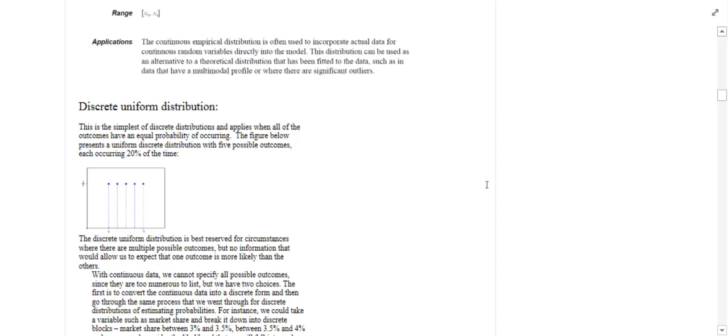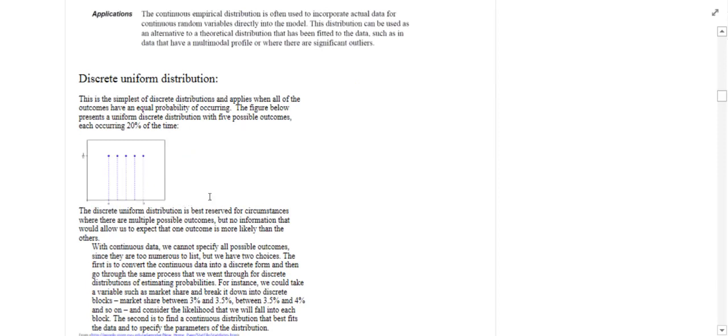So the discrete uniform distribution, again, is best reserved for circumstances where there are multiple possible outcomes, but no information, which is what's being shown here, that would allow us to expect that one outcome is more likely than any of the others. So I've got, to some extent, not a whole lot of data. Understanding the richness of the data is not maybe as good as it needs to be.